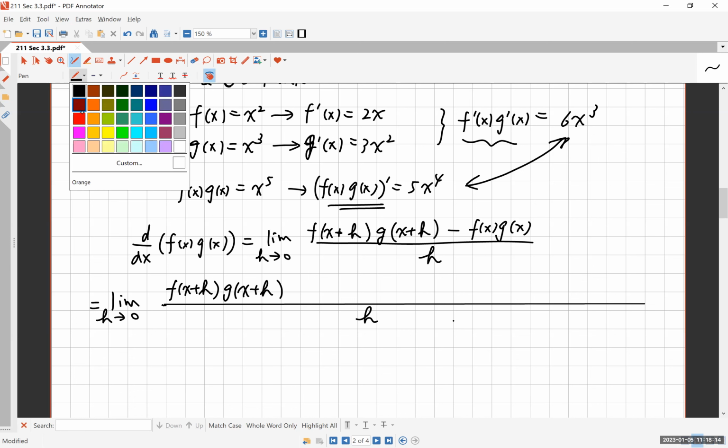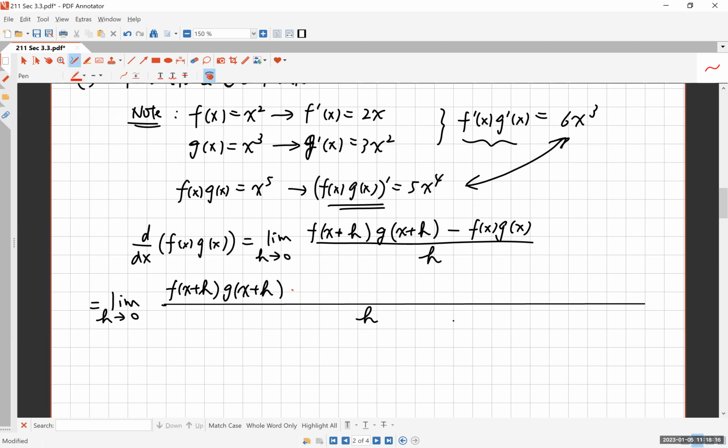So you know, in mathematics, we do this often. You can always add and subtract the same quantity from an expression. So whoever came up with this decided, why don't we add and subtract, maybe subtract and add, f of x times g of x plus h. Now you see something similar in this top here, but it's not all that clear how this will help.